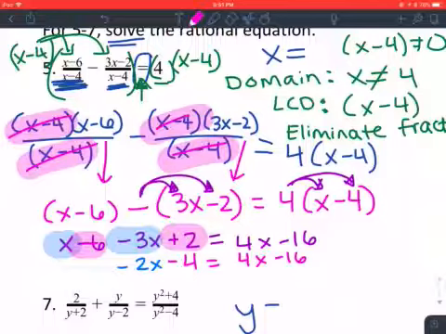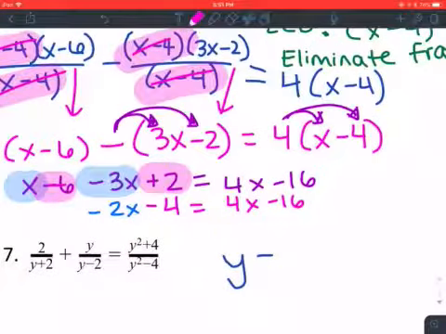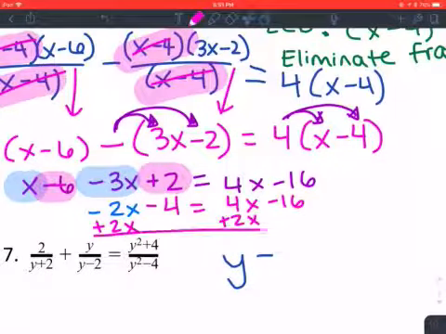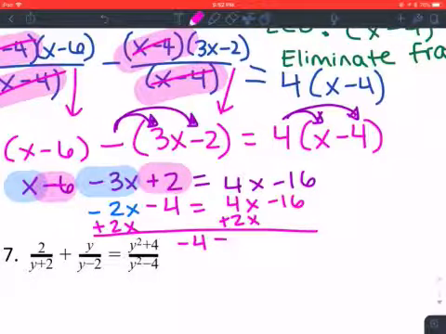So now we'll solve by getting our x's on the same side. Move that. So we have negative 4 equals 6x minus 16.